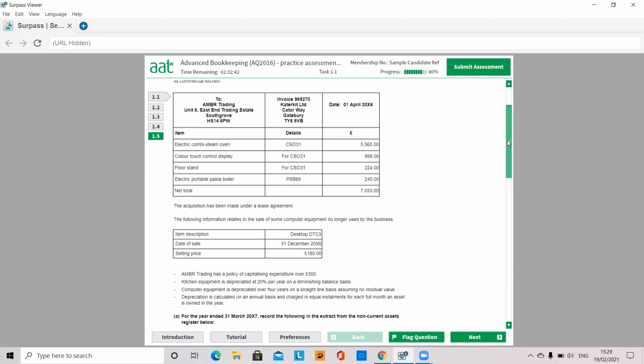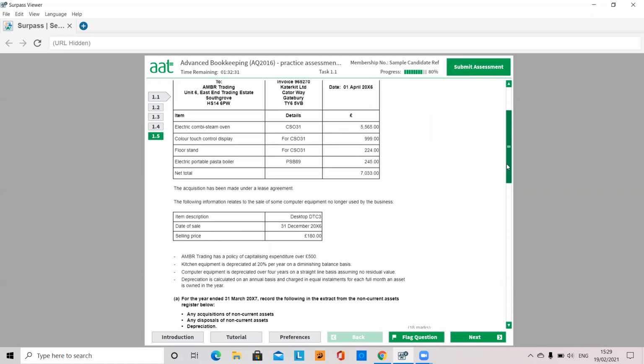The other thing it said, the following information relates to the sale of computer equipment no longer used by the business. So we've got this desktop DT3 that was sold on the 31st of December 2006, and we sold it for £180.